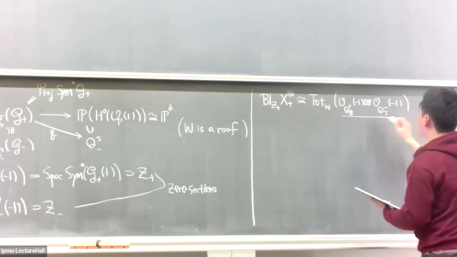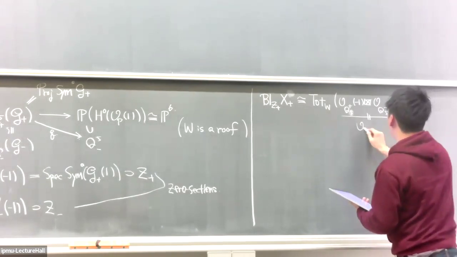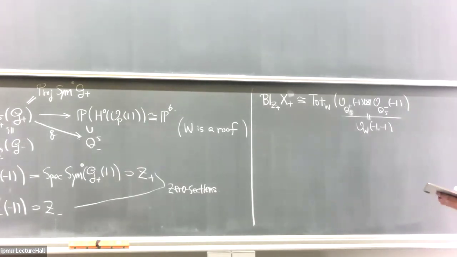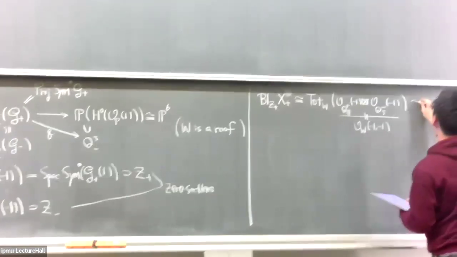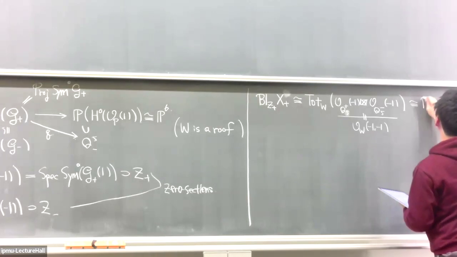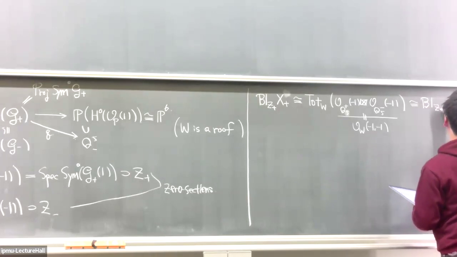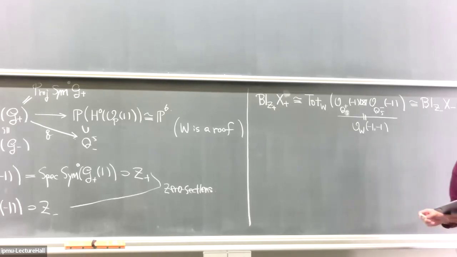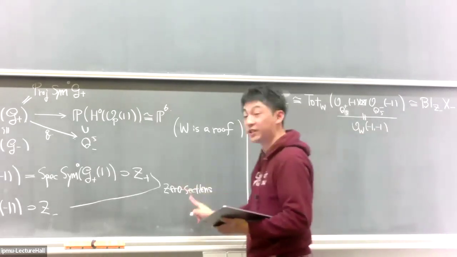This is too long, so today this will be denoted by OW minus 1 minus 1, and it is also isomorphic to the following.